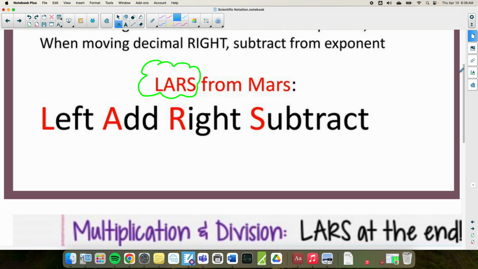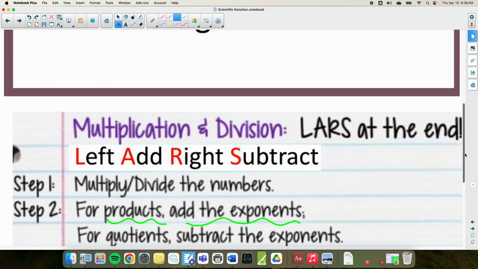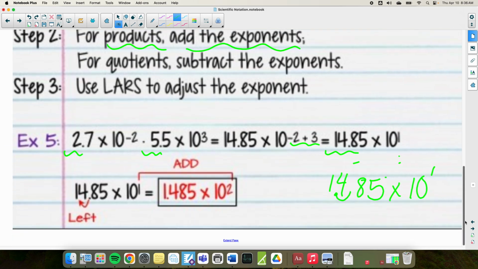If you move it left, you add to your exponent, however many places you have to move. If you move it to the right, you subtract. Now on this one, I moved left 1, left is add, so you add 1. So this would be 1.485 times 10 to the second.